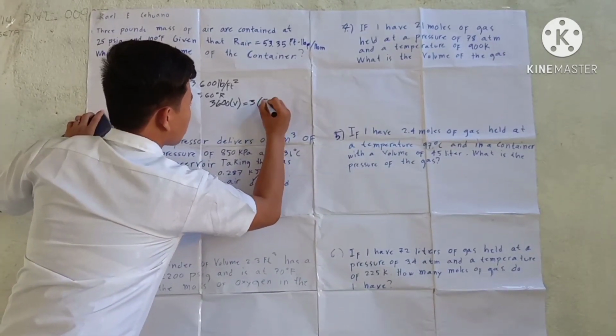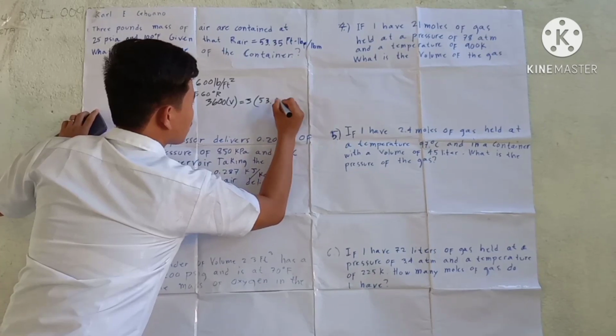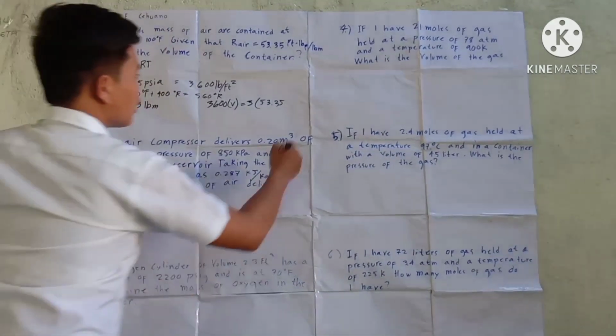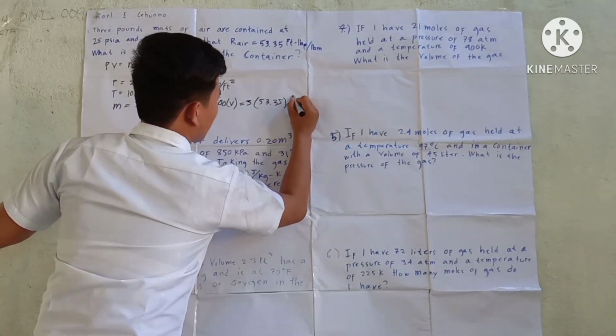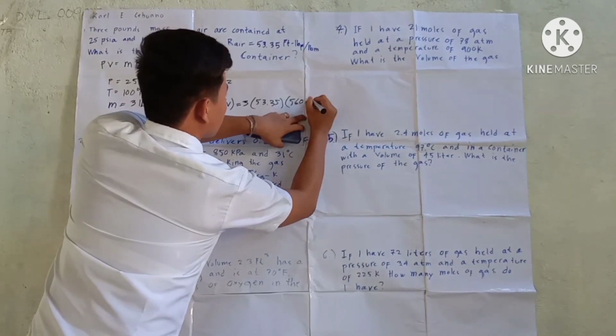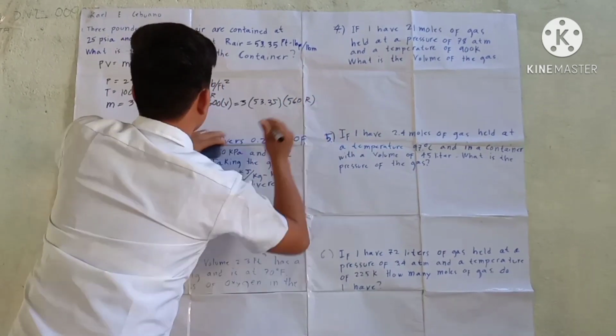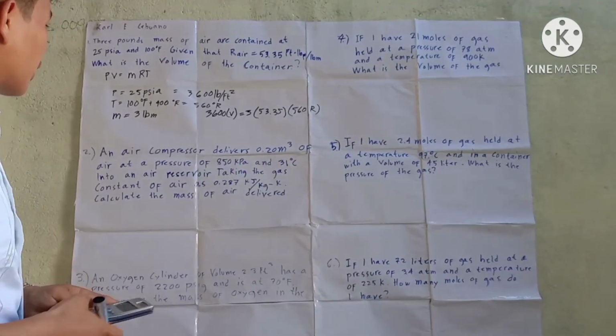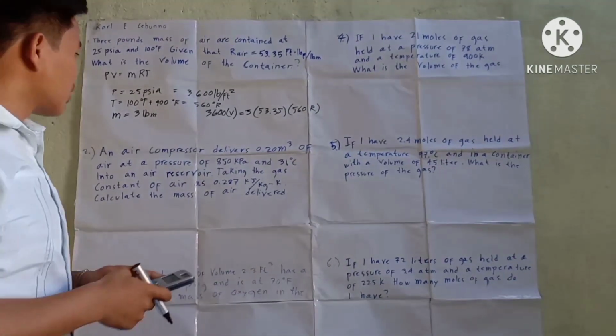Then 53.35 is the gas constant of air times 560 Rankine. So in order to get the answer, we need to shift solve.